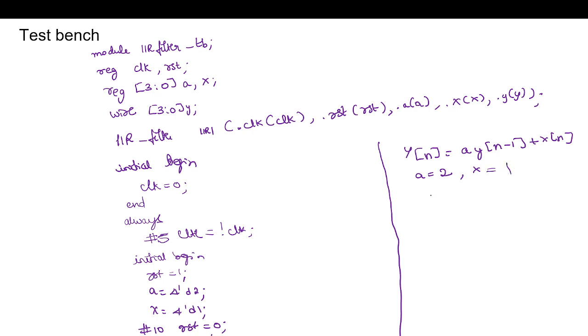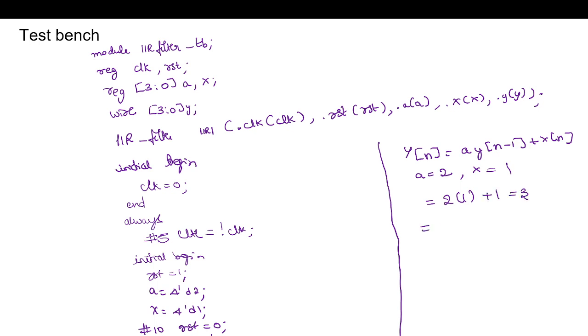So at one particular instance of clock, 2 into previous input, which is 1, plus 1, is 3.